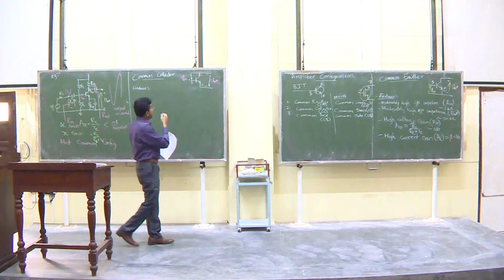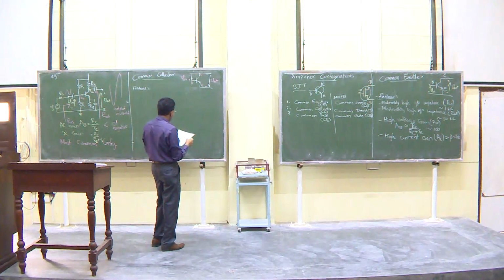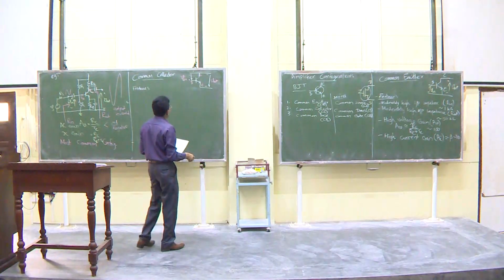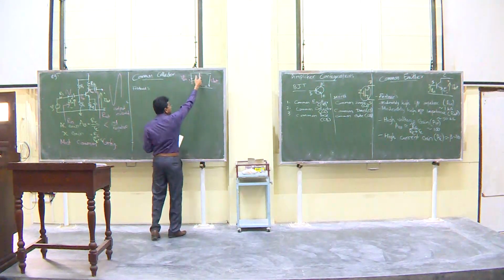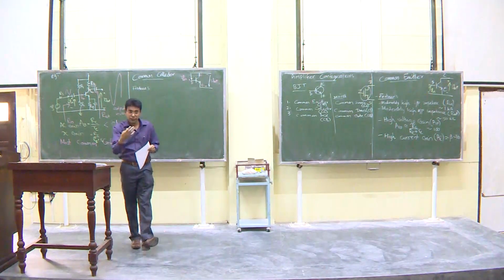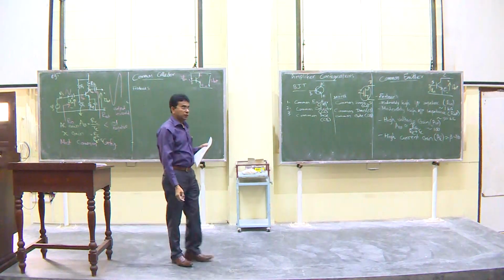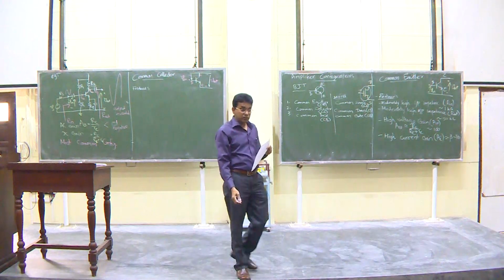Now, because of this arrangement, input impedance is between base and collector, where you have a reverse biased junction. Remember, base collector junction is reverse biased, right?